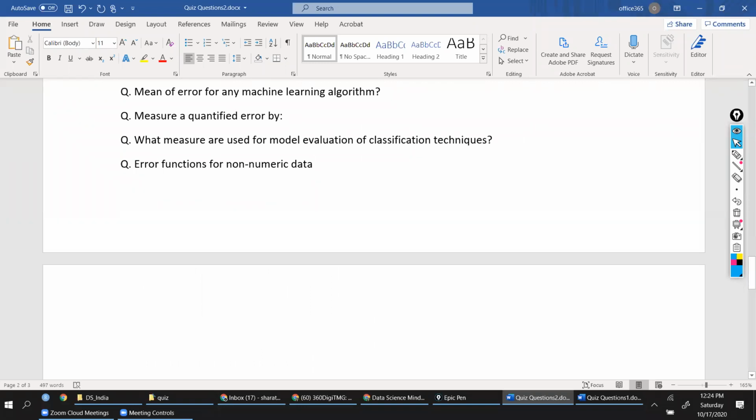Cross entropy or binary cross entropy. Cross entropy is nothing but cross table. Binary cross entropy is nothing but confusion matrix.